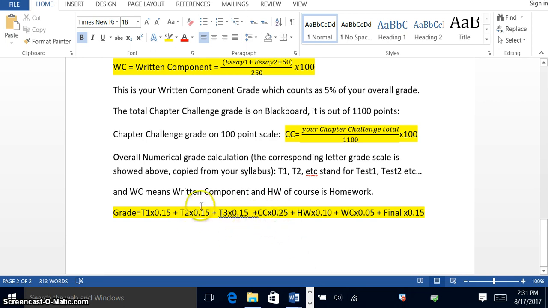It doesn't care whether it's test points or chapter challenge points or homework points or essay points. I can't change that. I've tried over the years, but Blackboard won't let me. I wish I could make it go away, but this is the way your grade is calculated. Okay, make sure everybody understands that.